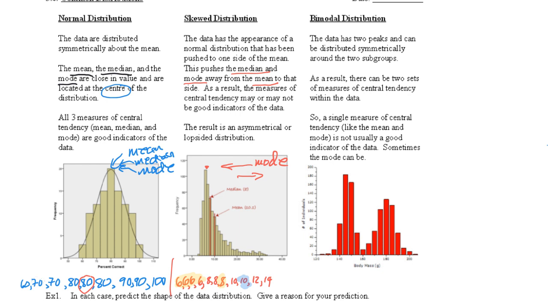So we have all of these three things happening all at once, but the peak is at 6, this biggest number of 6s, and then the median ends up being 8, and then the mean is pushed off to the right a little bit.